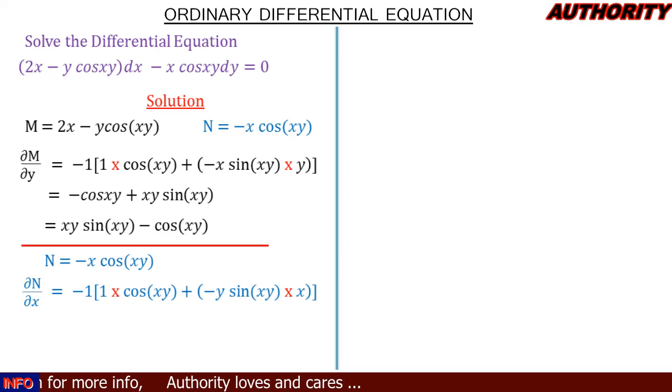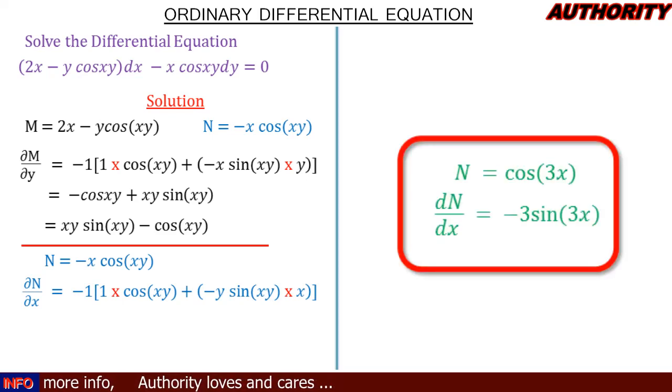Now look at it. That means we are going to regard y as if it is a constant. Look at it again. Another example. Let's say we have n is equal to cos 3x. And then we are asked to find the derivative of this n with respect to x. What's going to give us? It's going to give us minus 3 sine 3x.